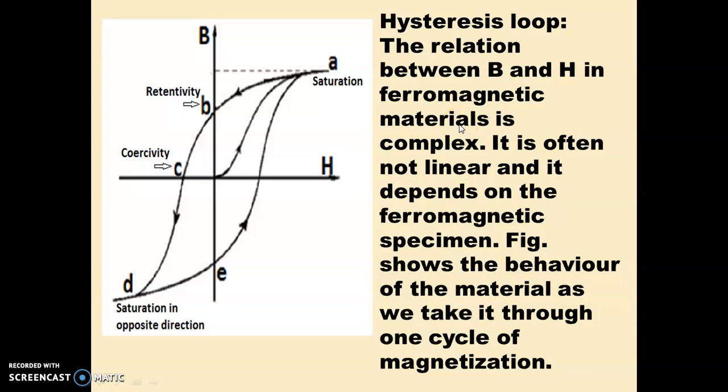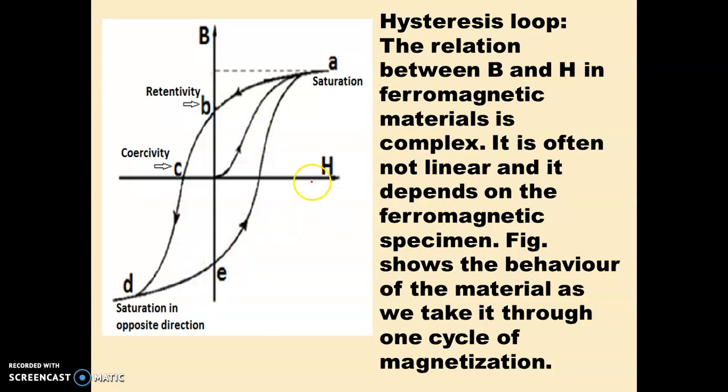The relation between B and H in ferromagnetic material is complex, as we know previously. It is often non-linear and it depends on the ferromagnetic specimen. Whatever the material we use for this experiment, according to that we get such a nature.